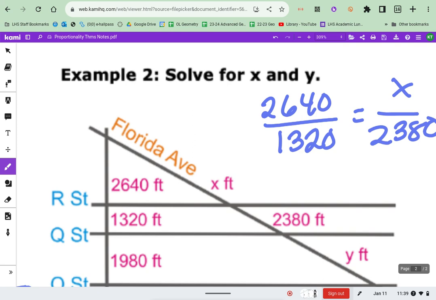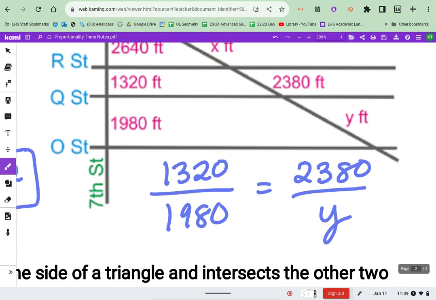And when you solve for x, you get 4,760. And then for y, I did the same thing, top over bottom equals top over bottom. When you solve for y, you get 3,570.